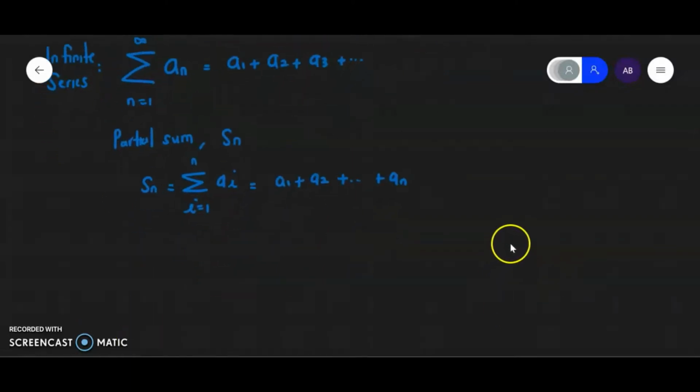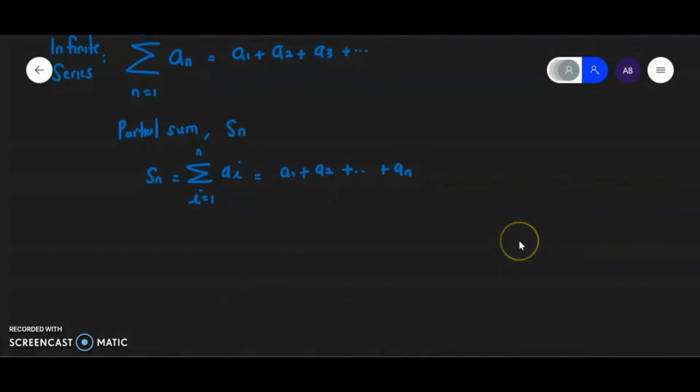Okay, so don't get confused between these two terms, because partial sum here means you're adding the first term and the second term, first term, second term, and the third term, and so on.